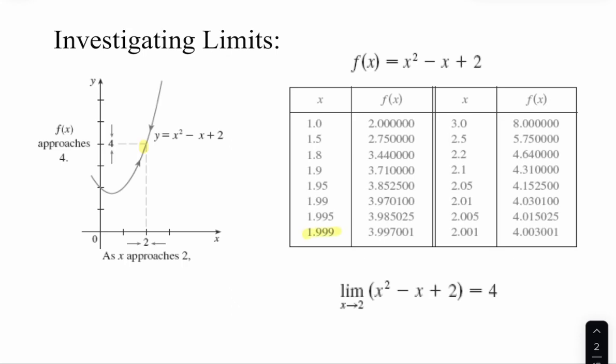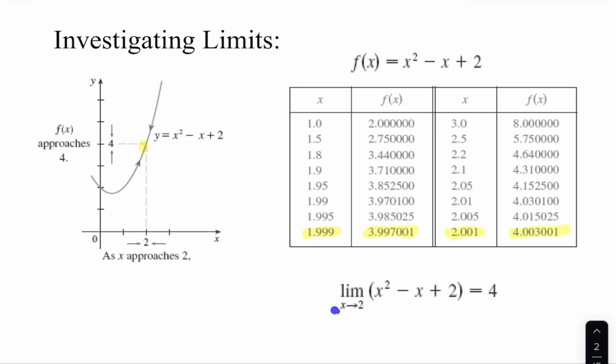Like here, 1.999 gave us 3.9970001, super close to 4. But if we plugged in on the other side, 2.001, we still get a number super close to 4.